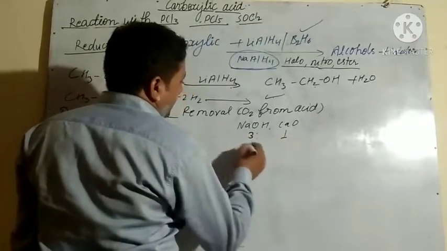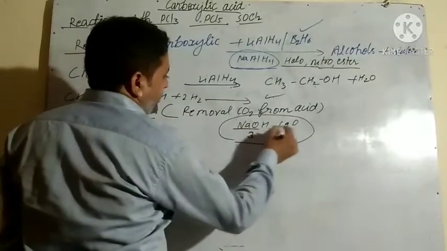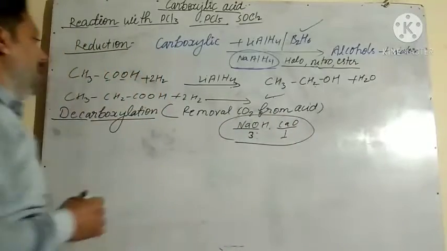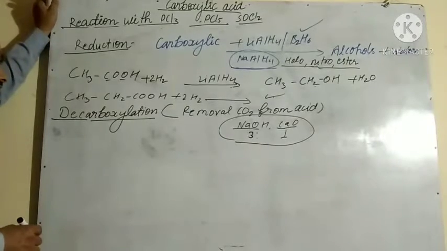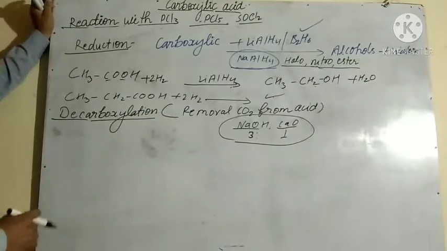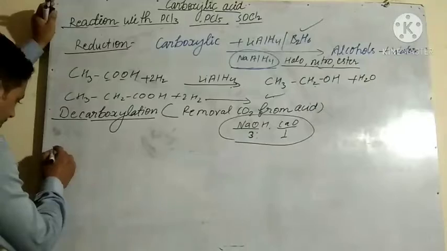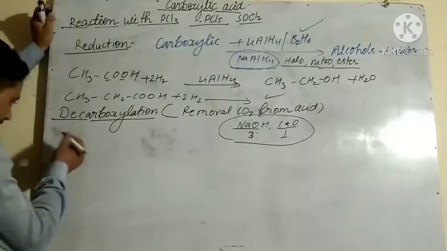If the mixture ratio is 3:1 of NaOH and CaO, that is called soda lime. So when the sodium salt of a carboxylic acid is heated with soda lime, it gives an alkane.